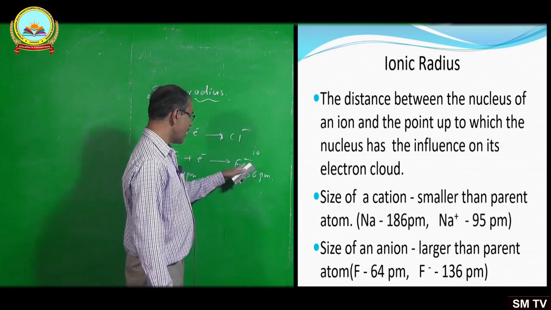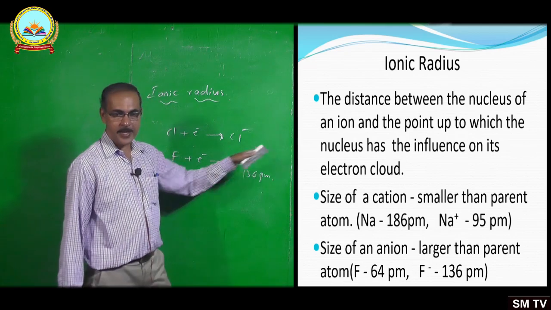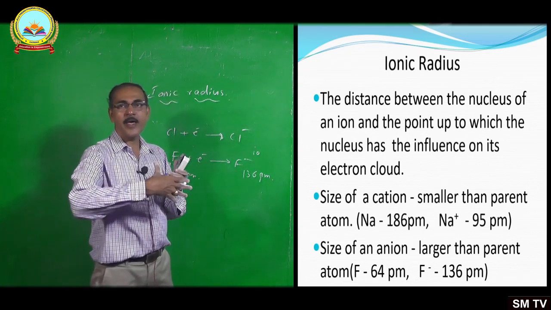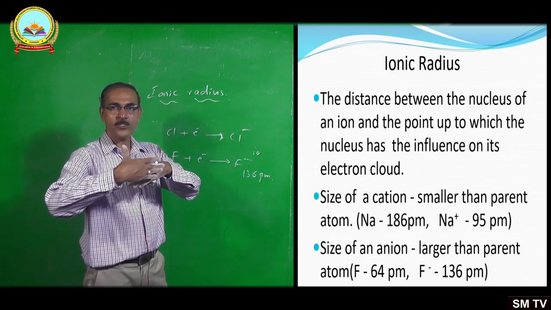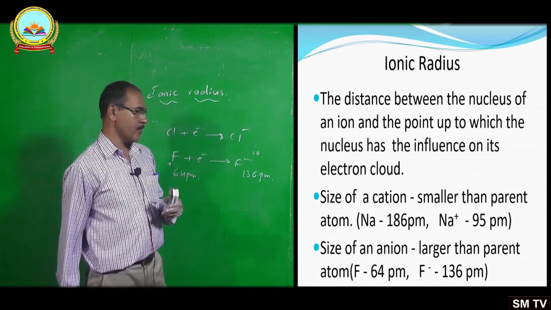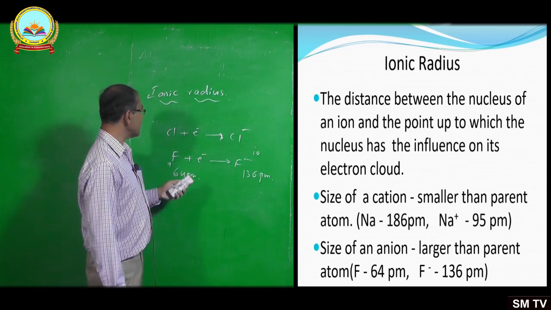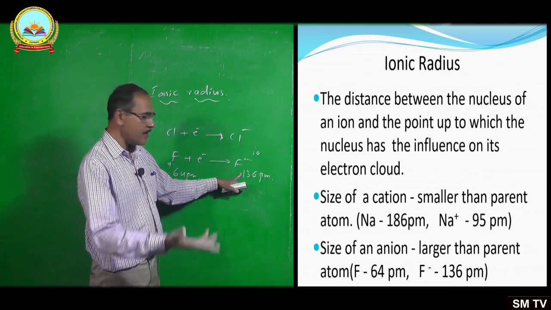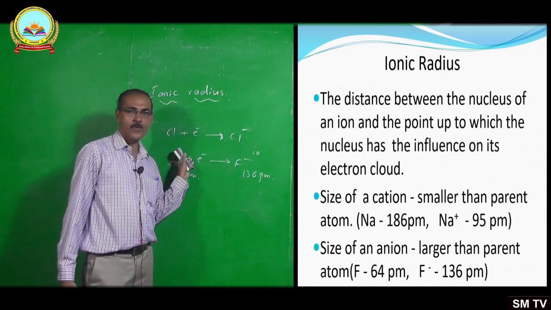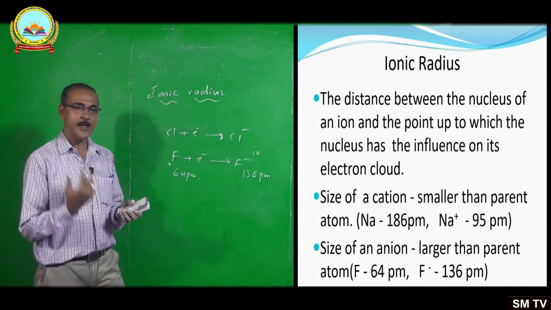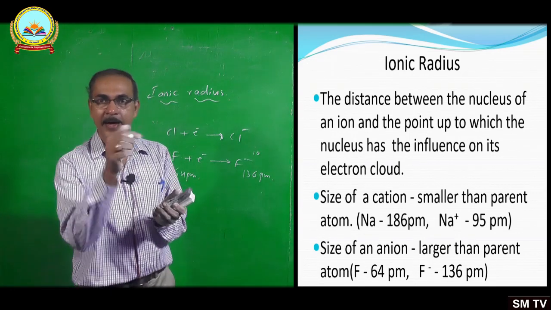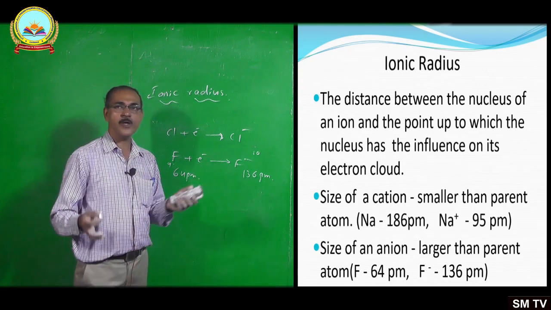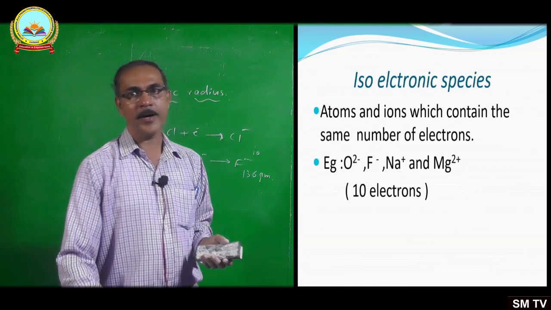As the number of electrons increases, its radius increases, or the electrons go away from the nucleus. So, that is the reason the radius of F minus is greater than the radius of its neutral atom. The radius of a cation is smaller than its neutral atom, and the radius of an anion is larger than its neutral atom.